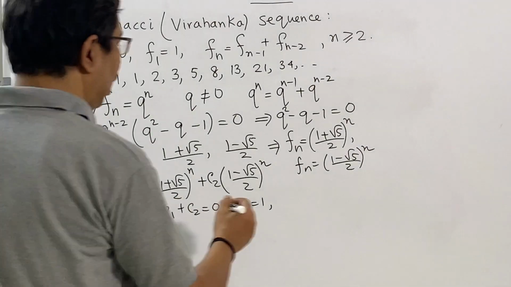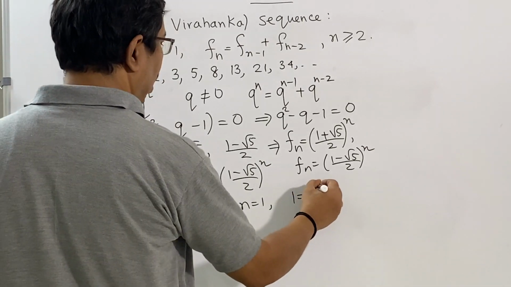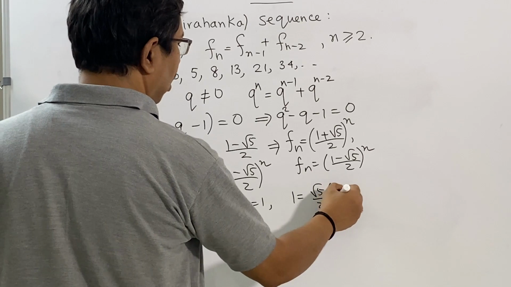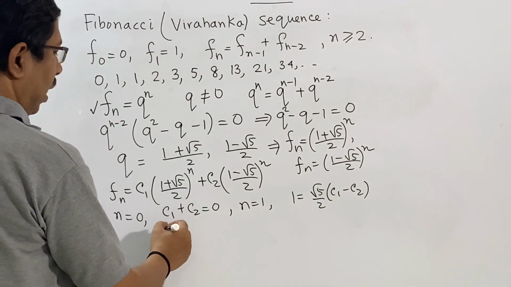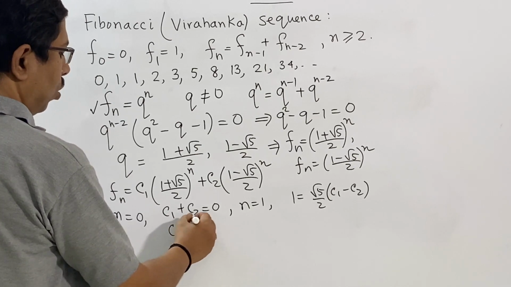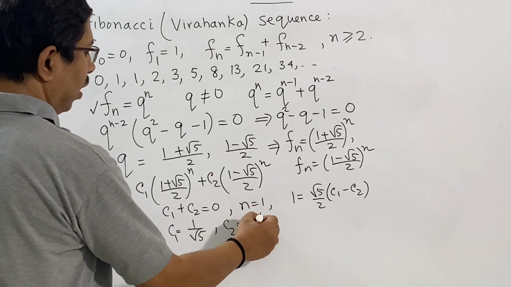So what we will be left with is 1 is equal to (root 5 by 2) c1 minus c2.